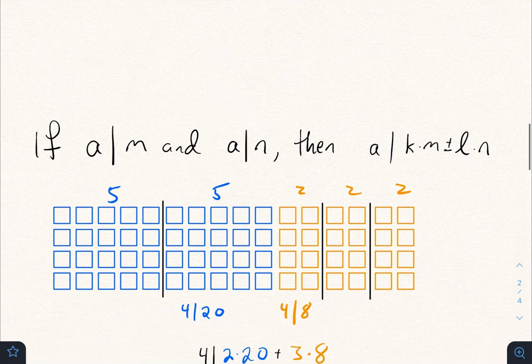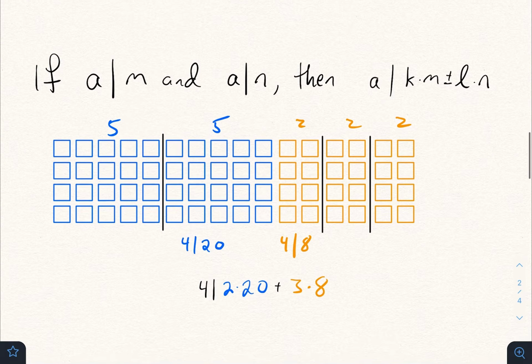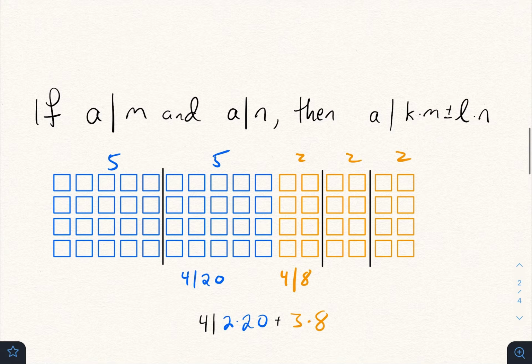And so let's combine the previous two pictures into the following. If a divides m and a divides n, then a is going to divide any multiple of m plus or minus any multiple of n. Here km just means a multiple of m, and ln means a multiple of n.